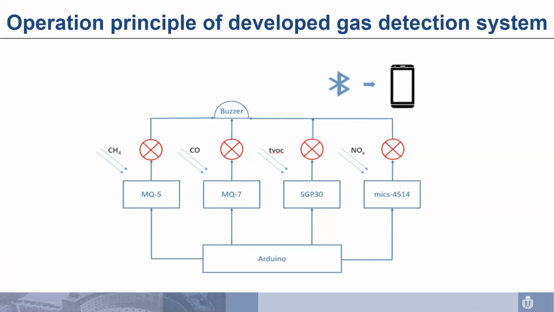So here you can see the principle of our device. For several gases, we have different gas sensors, and the gas concentration. The gas sensors work by converting the gas concentration measurement into voltage signals to the Arduino, and we have set threshold values.